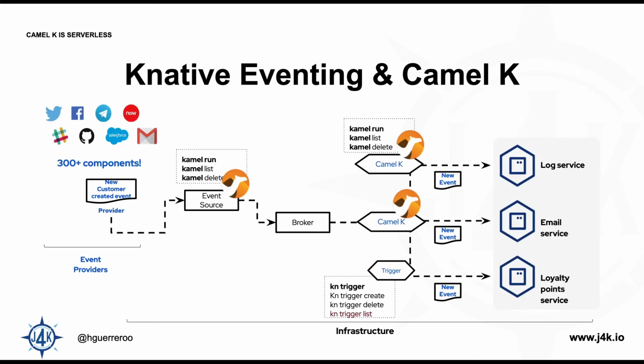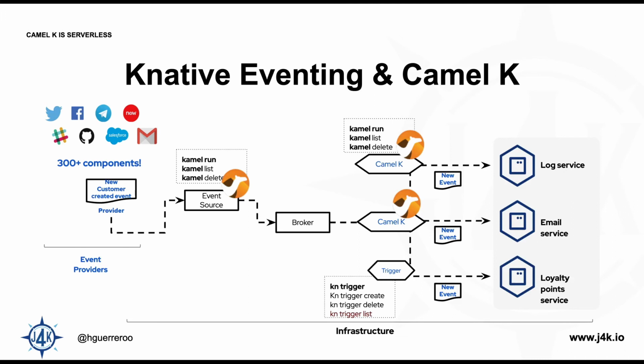So as we mentioned, there's a huge set of components that you can start using out of the box from Camel that allow you to connect to systems like Salesforce, Google Sheets, Twitter, or Telegram, and then use Camel K to create those cloud events that are propagated through the Knative platform as an event source.